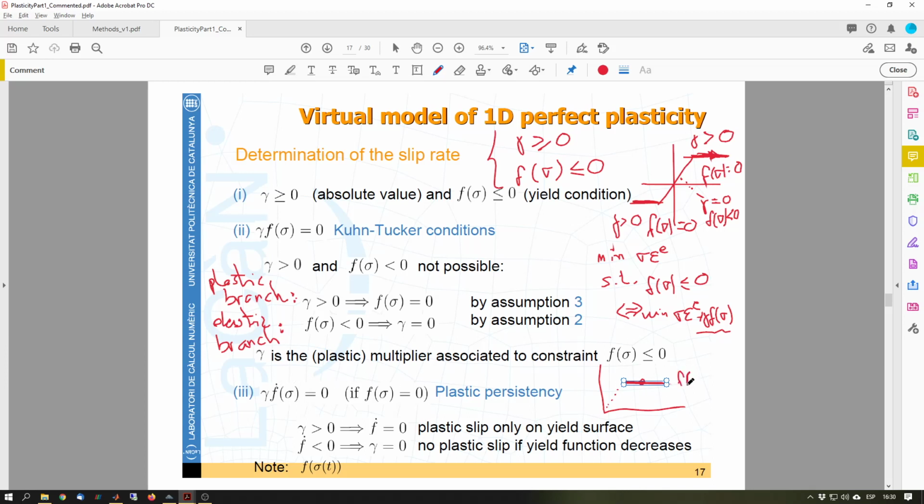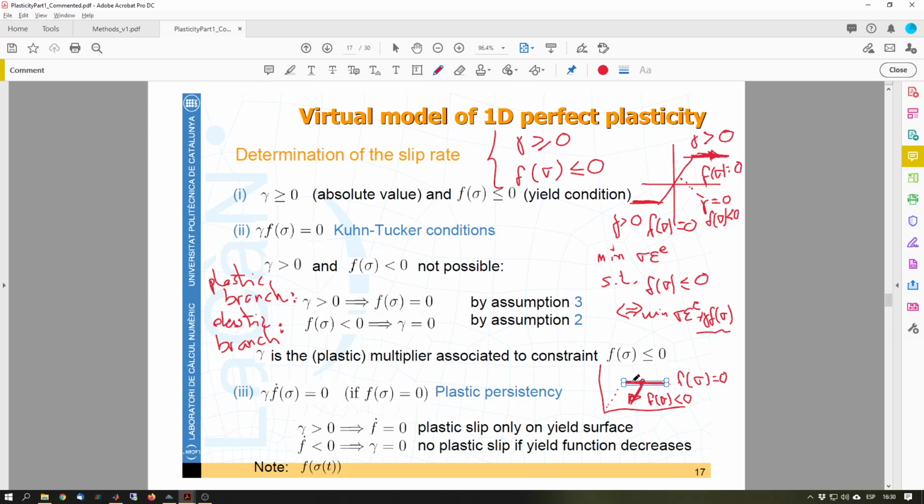So we know that at the boundary f of sigma is equal to 0, and for that branch we will have f of sigma lower than 0. So this is going to change, and it can only change whenever the plastic strains do not change. So we are going through that unloading branch, and f can change sign only whenever gamma is equal to 0.